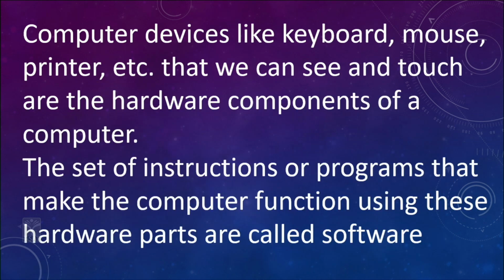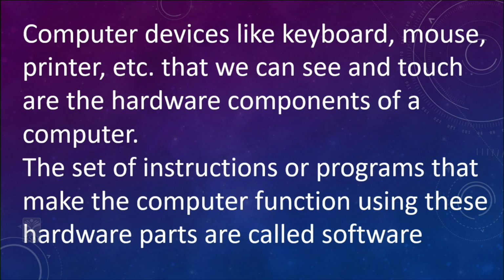Computer devices like the keyboard, mouse, and printer, that we can see and touch, are the hardware components. Keyboard, mouse, printer, even the monitor, all come as hardware. The components of a computer are simply called hardware. The set of instructions or programs that make the computer function using these hardware parts are called software.